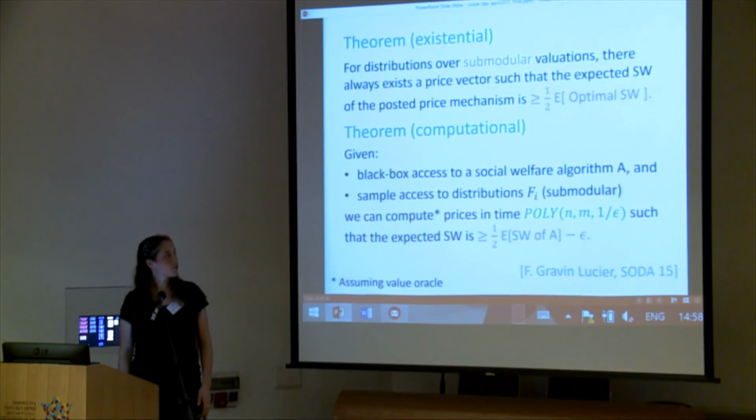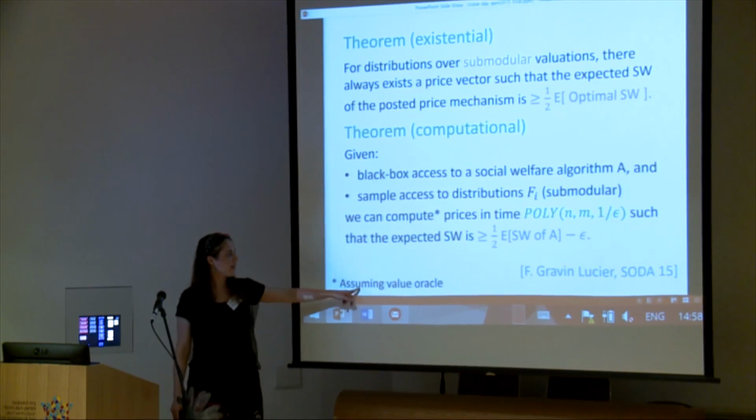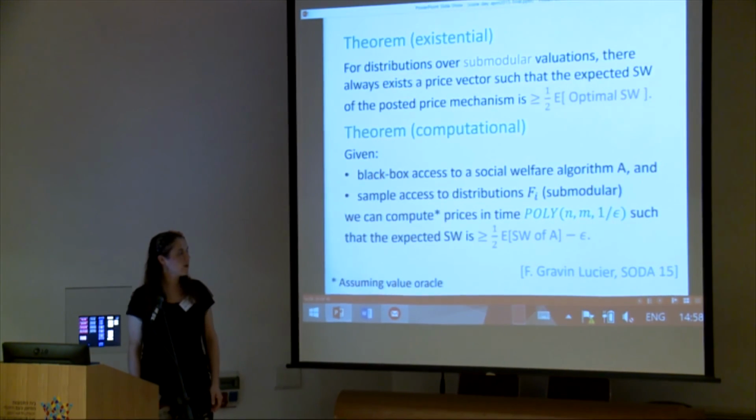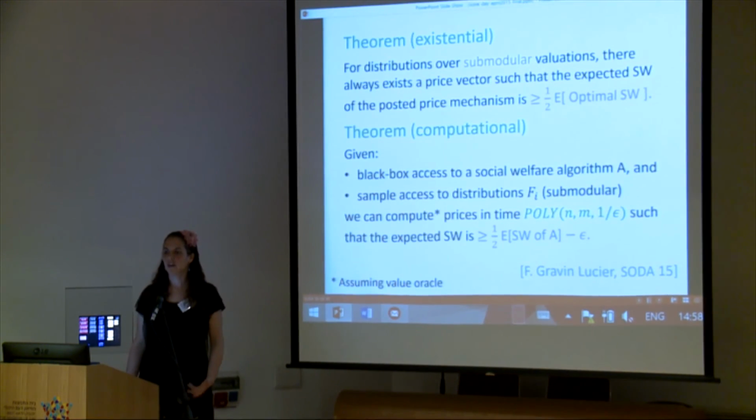And then we also show computationally that if we have black box access to a social welfare algorithm A and sample access to distributions Fi, which are submodular, then we can compute, even just with value queries, prices in polynomial time such that the expected social welfare is at least a half of the expected social welfare of the algorithm A minus epsilon.